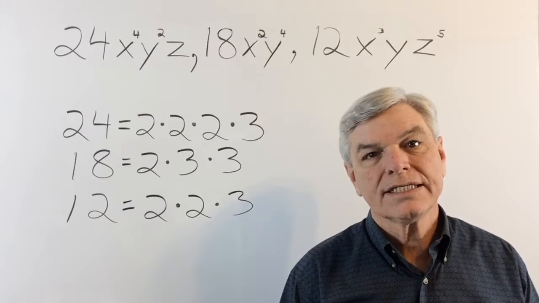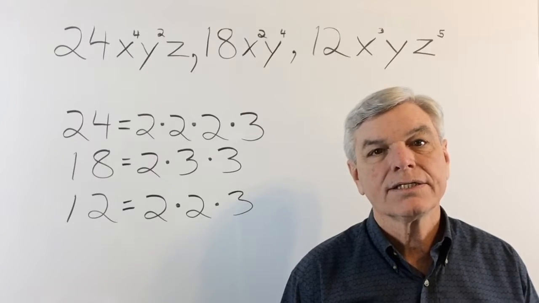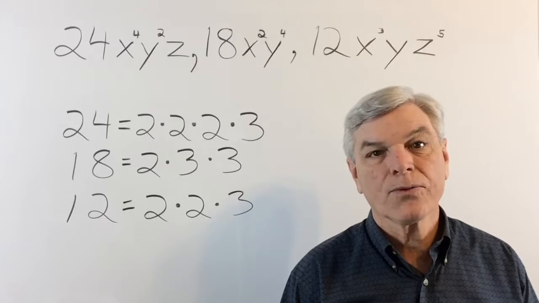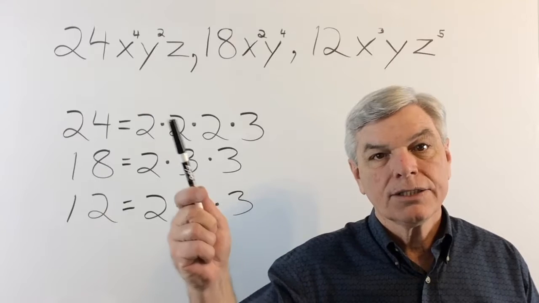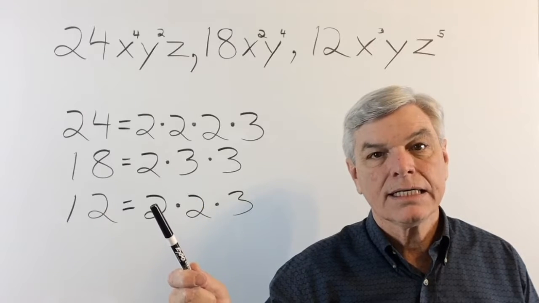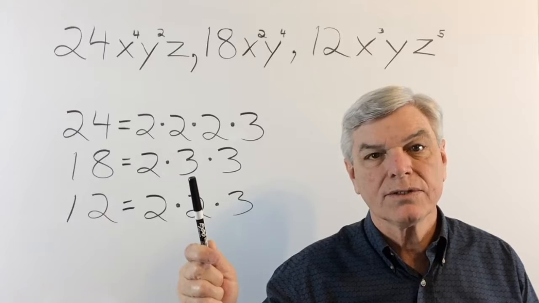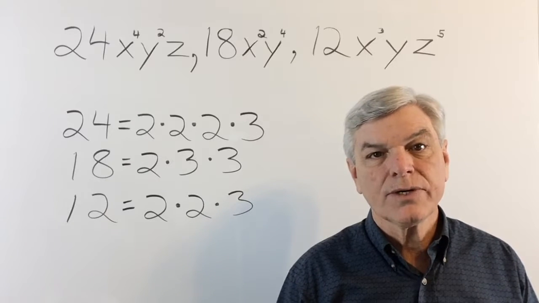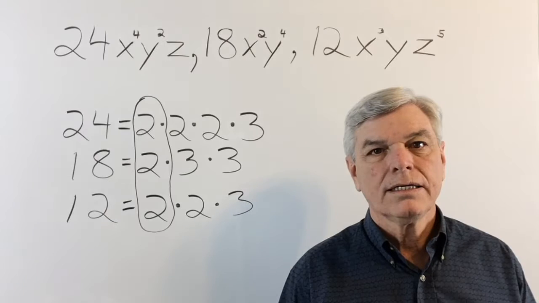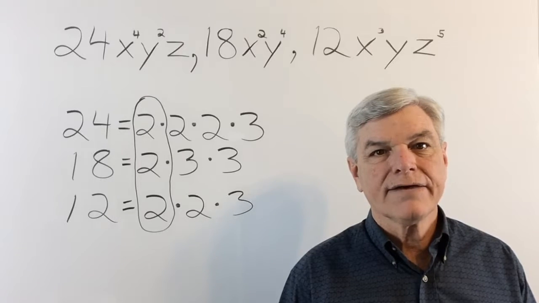Now, let's see the prime factors, the parts of these numbers that are common to all three. 2 is common to all three. How many 2's are there that are common to all three? Well, this one only has one 2. So only one 2 is common to all three. So let's circle that and save it.